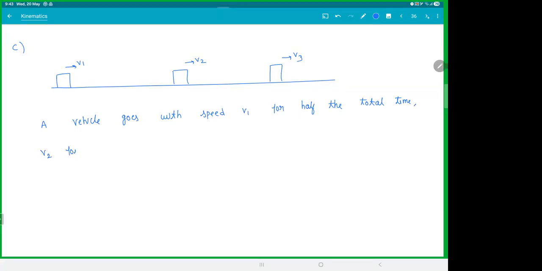V2 for half of the remaining distance after traveling T1, whatever distance is left, half of that distance you traveled with V2 and V3 for the remaining distance. There, I mixed up time and distance in one question. And average speed.